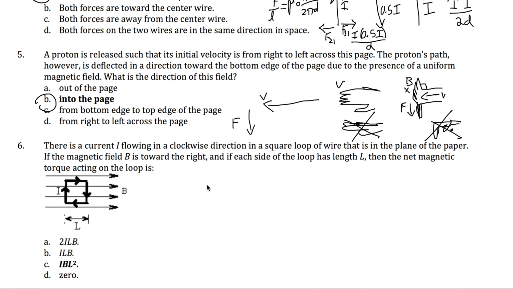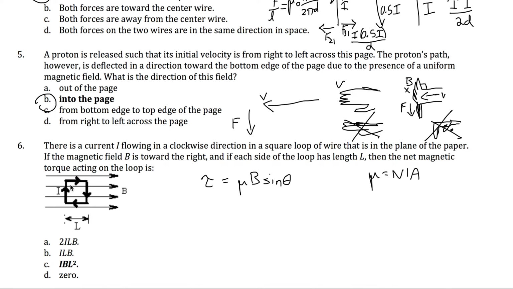So the equation for torque is mu B sine theta, where mu is the magnetic moment, and the magnetic moment is defined as NIA. And the direction of the magnetic moment is going to be in a direction perpendicular to that area.